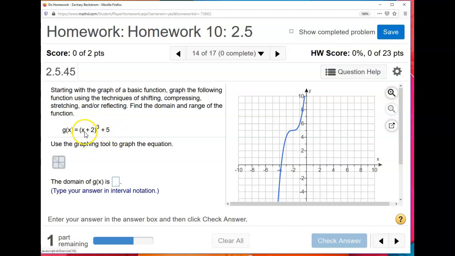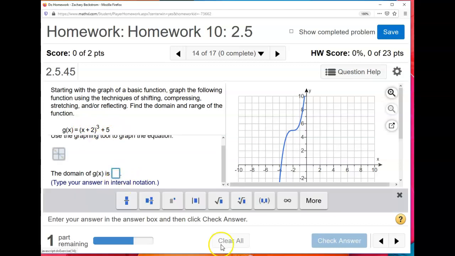So we can put in any x value that we want, and that means you can go from negative infinity to positive infinity, which I'm going to write right here. Negative infinity all the way to positive infinity. Remember, we use parentheses because we never actually include infinity.